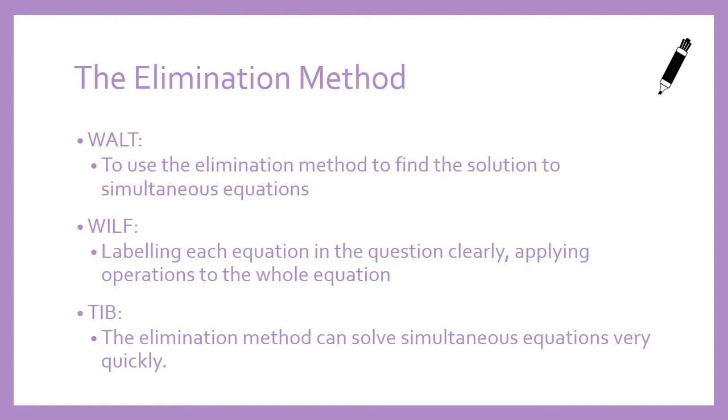The elimination method can solve simultaneous equations very quickly in 2 steps, way less than the substitution method, and you don't have to do any of that annoying graphing. Once again, can you copy down the WALT for this lesson?